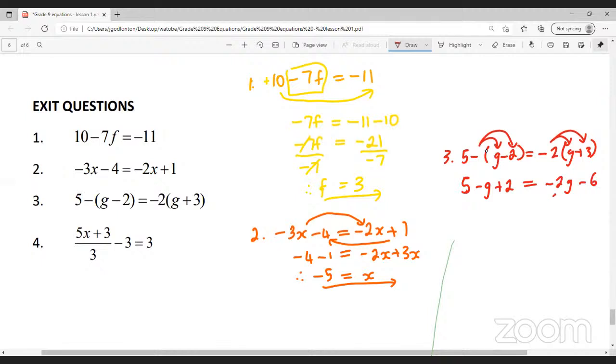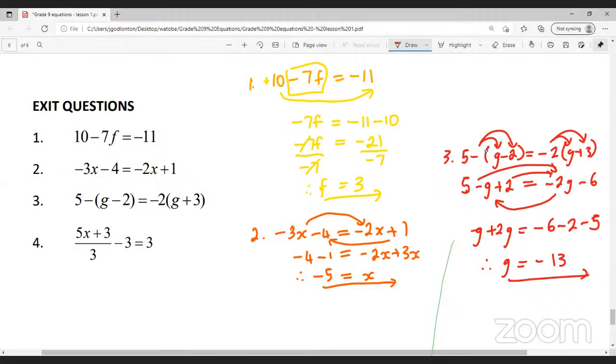And I'm going to move this 2g onto that side, and I'm going to move both of my numbers onto the other side. So negative g plus 2g equals negative 6 minus 2 minus 5. And that just gives me a g, and that's going to be equal to negative 13.